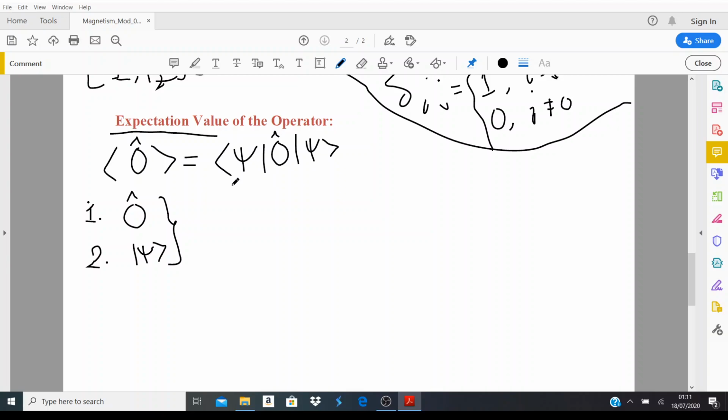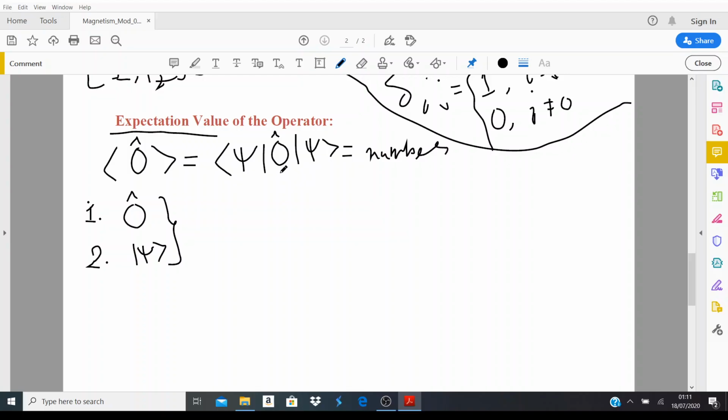And as I've mentioned before, the expectation value of the operator is the value of that operator, right? So this should produce a number depending on what the operator is, right? And can you see that this should be a number based on what you already know?